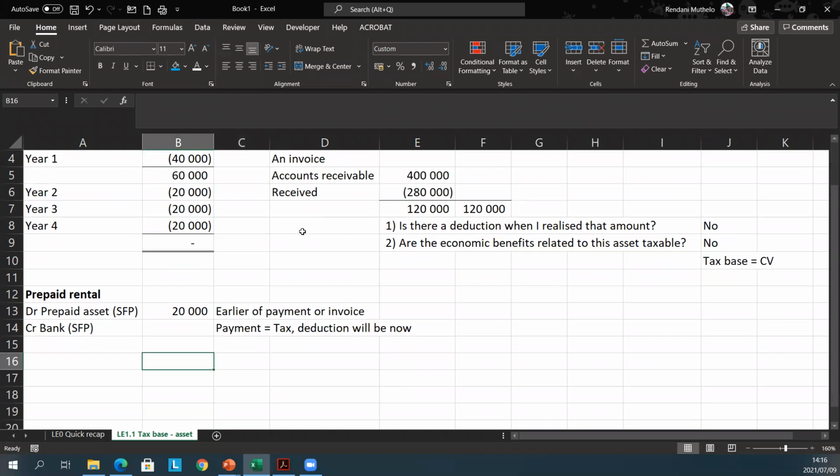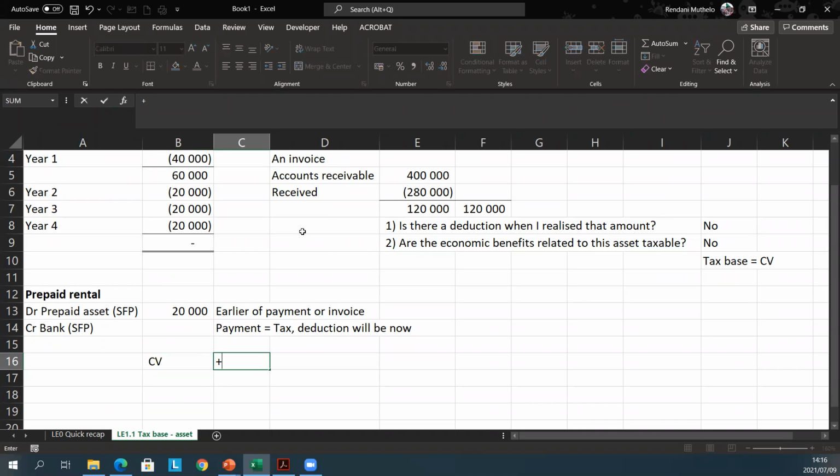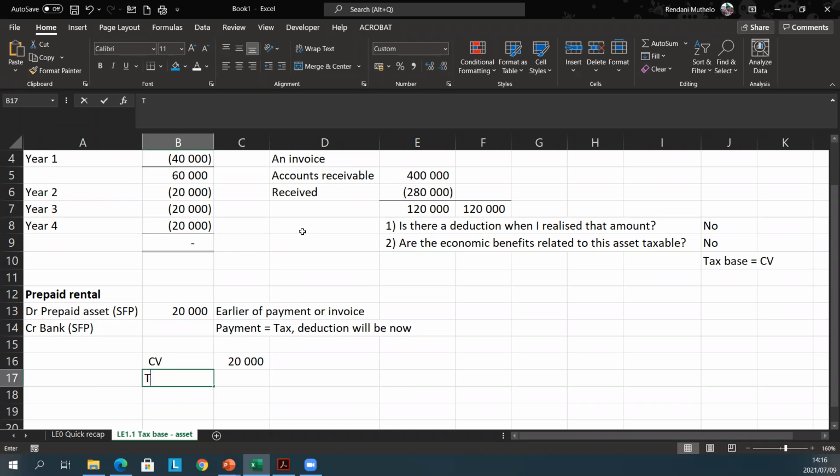So as a result, what do we have? We've got a carrying amount of 20,000, but is there a deduction in the future? No, there isn't. Why? Because the deduction has already been received. Does that make sense? So it's not like accounts receivable. When it comes to accounts receivable, there was no deduction now, and there is no deduction in the future.